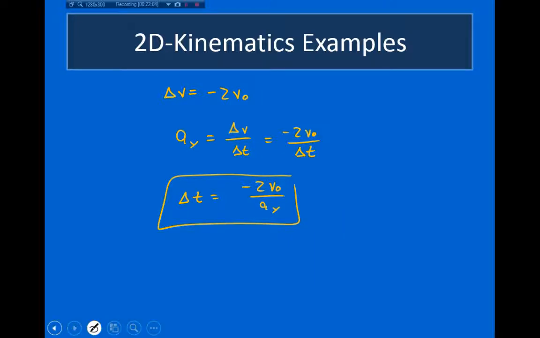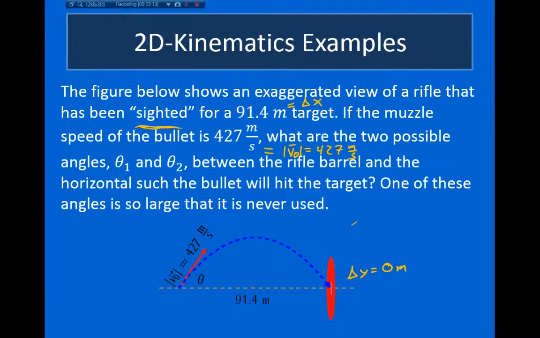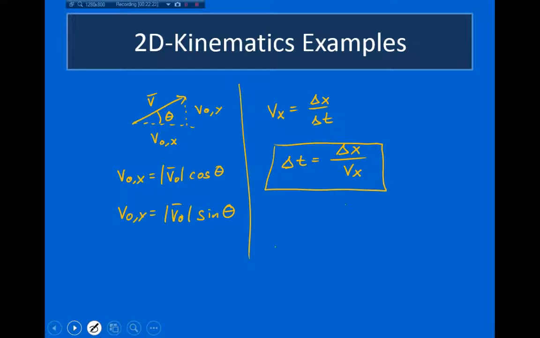In the previous slide, we calculated the amount of time it takes for the bullet to travel 91.4 meters. So these two things have to be equal. The amount of time it takes for the bullet to travel horizontally from this point to this has to be equal to the amount of time it takes for the bullet to come up and then return to its initial height. So we can set these two equations equal.